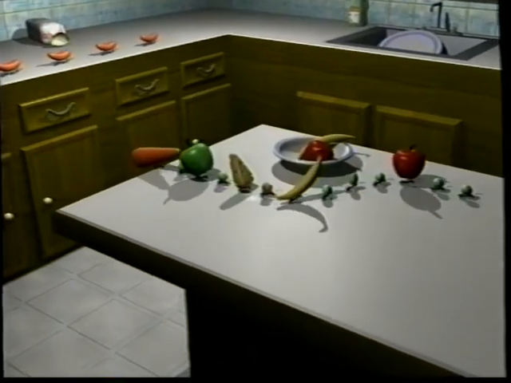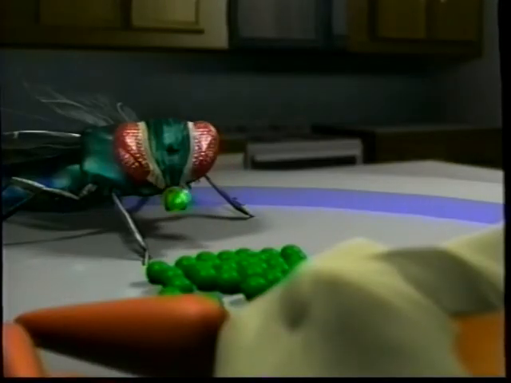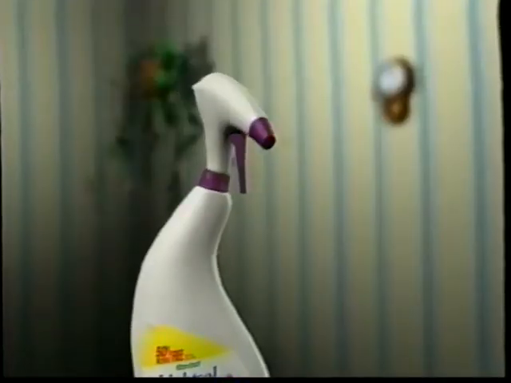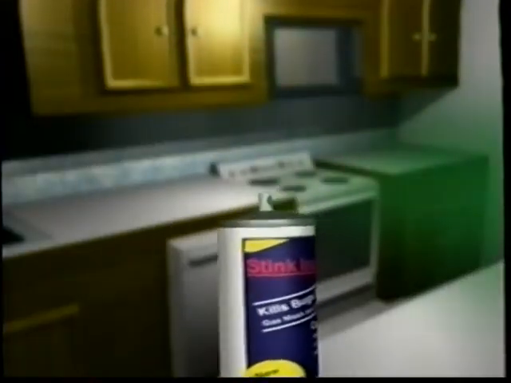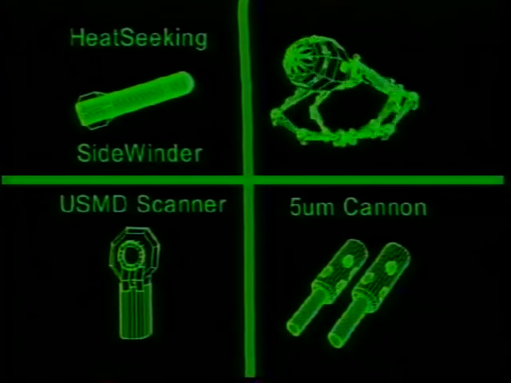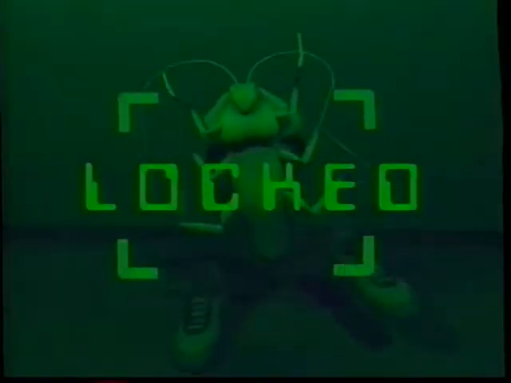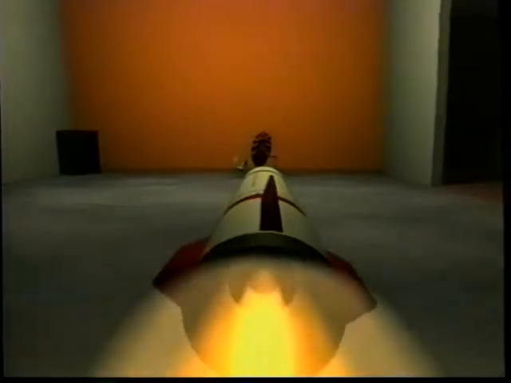Are you suffering from unwelcomed house guests? Are flies vomiting on your food? Finding roaches in your shoes? Then get new Bug Off. You try to get rid of them, but sprays don't work. Aerosols make you gag. Only Bug Off employs an exclusive miniaturized weapon system to seek out and eliminate household pests with surgical precision. Bug Off comes complete with sub-miniature projectile laser-assisted technology that kills bugs on contact.